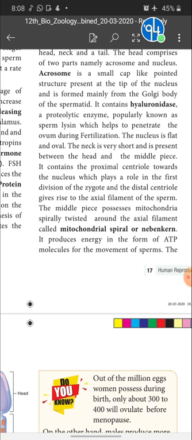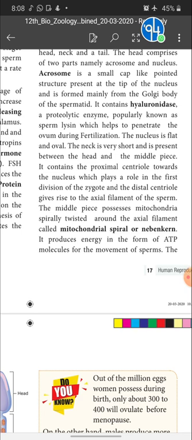How does it help? See, the egg is covered with a follicle. Egg is covered with 3 layers: zona pellucida, zona radiata and plasma membrane. So, this zona radiata is tightly held with the plasma membrane by a cementing substance called hyaluronic acid. The sperm cannot penetrate unless the hyaluronic acid is dissolved.